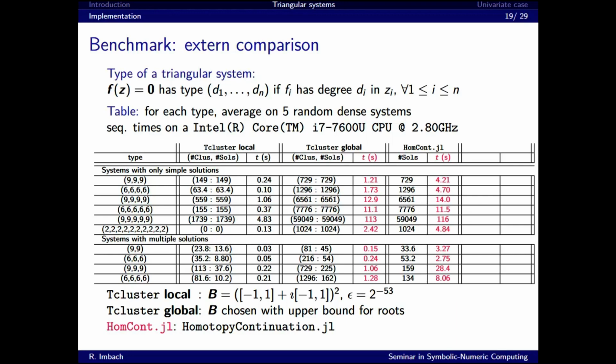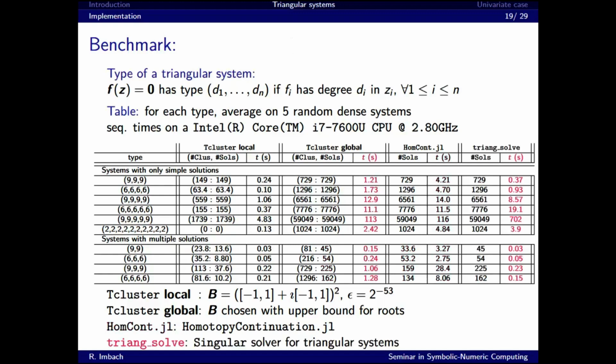The running times are quite similar, but we are way faster for systems with multiple solutions, just because the homotopy solver has to track a number of paths equal to the Bezout bound of the system. They lose some paths, and they also fail in deciding multiplicities for solutions. So here they do not compute the exact number of solutions.